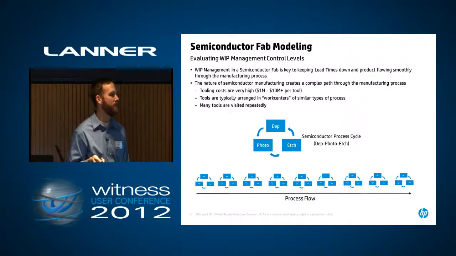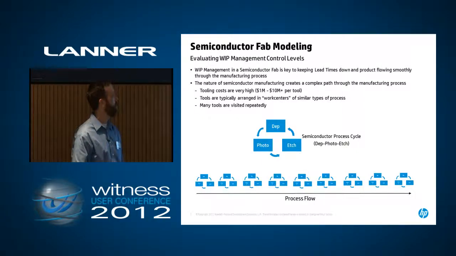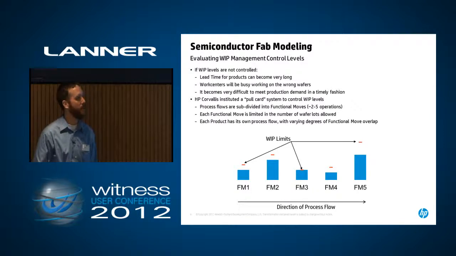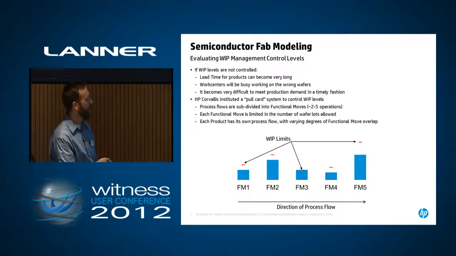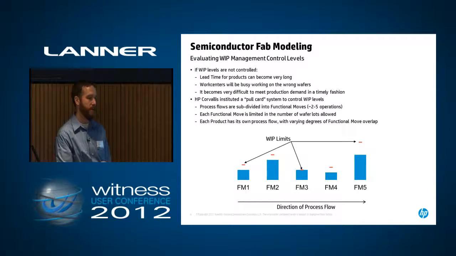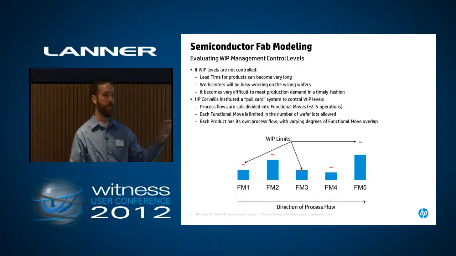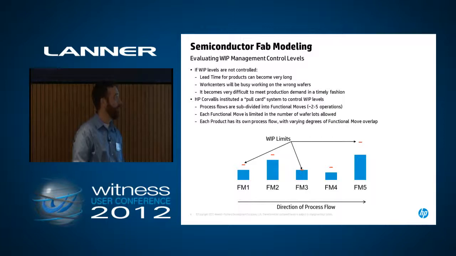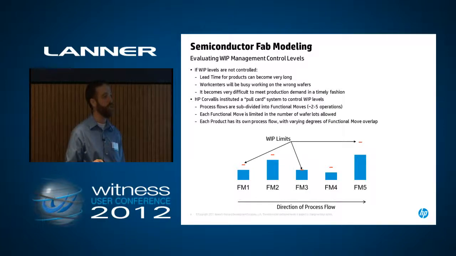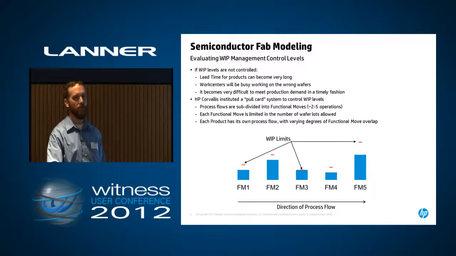And so what happens if you don't control WIP levels? Well, the basic thing is if you're working in a work center like photo, you'll see a lot of wafer lots just piling up from different parts of the process flow. But you'll have very little visibility to what's required from a demand perspective or how the rest of the line is performing.